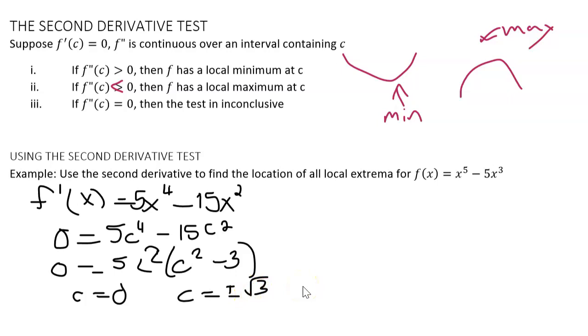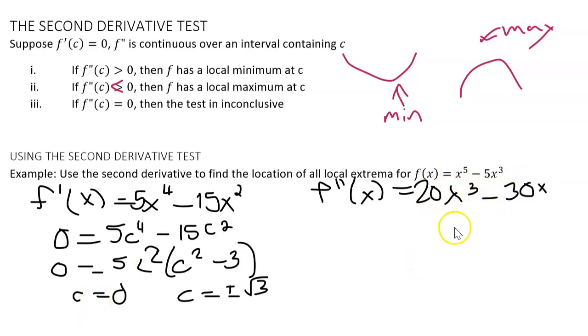Step 2, find the second derivative. And then we'll see if it is positive, negative, or 0 at the value of c. So the first thing I'm going to note right away is that if I plug in 0, my second derivative is equal to 0, and I don't know whether it's a local max or min.